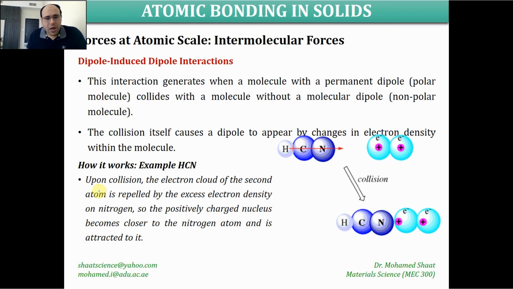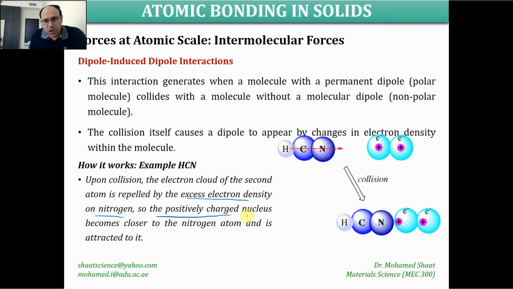Upon collision, the electron cloud of the second atom, or the second molecule, is repelled by the excess electron density on the hydrogen or nitrogen. So there are lots of electrons here, and there are some other electrons. So this electron cloud will be pushed, as I mentioned, moving behind the nucleus, making the nucleus at the boundary positive, so that it will be attracted to the negative charges of the electrons of the nitrogen atom.